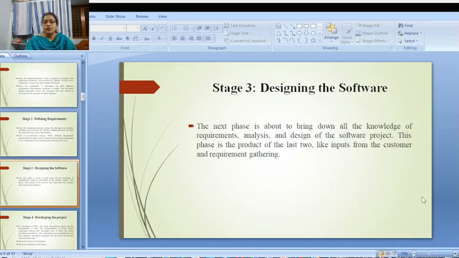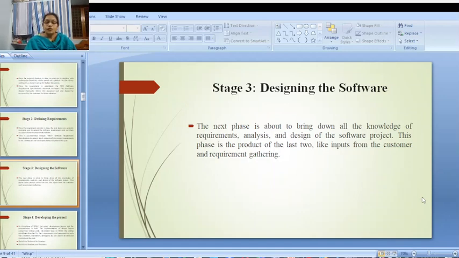This is related to creating database designs. The design phase aims to develop the technical blueprint of how the proposed system will work. The main purpose of this design phase is how the proposed system will work with the help of different design models. As I said, using various diagrams, we can design the software.